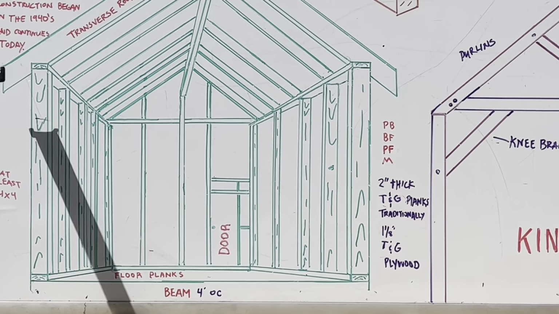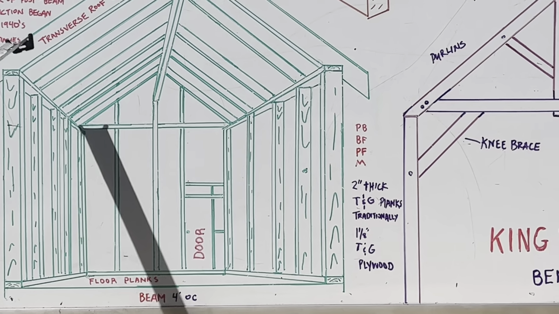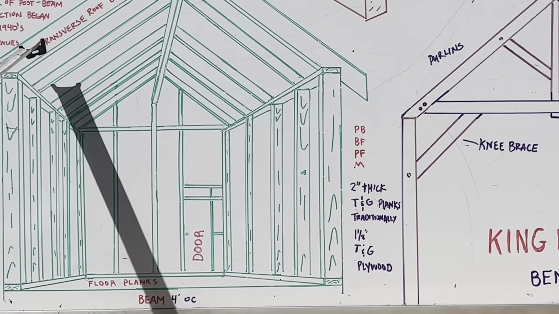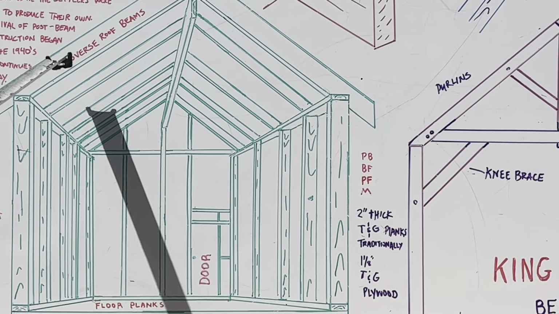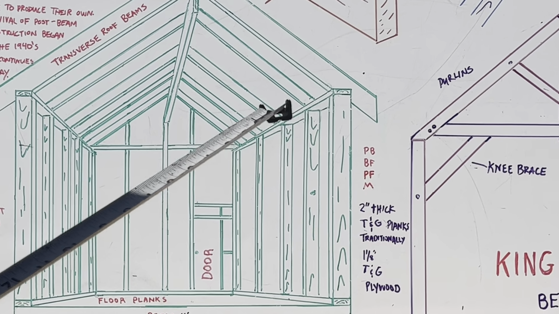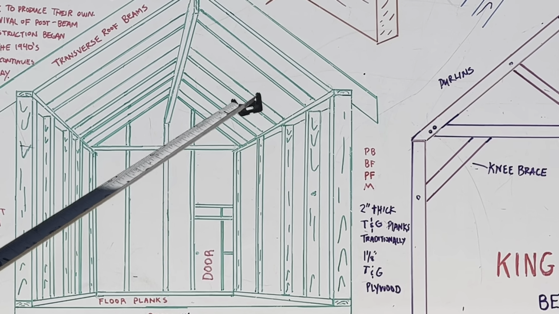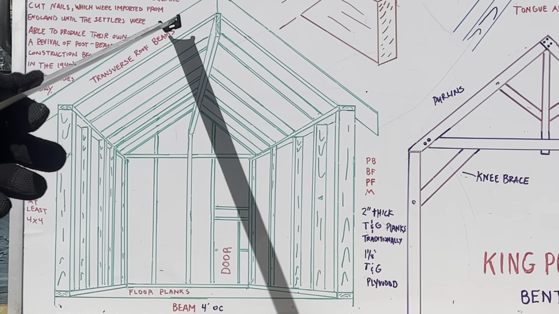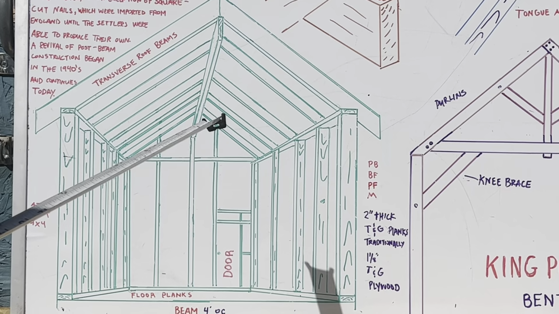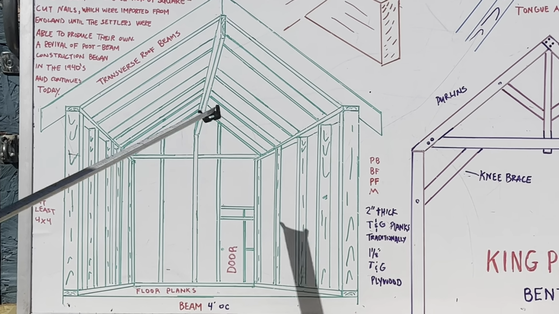Now the way that this post and beam construction is constructed is called transverse roof beams right here. The rafters, which would normally be called rafters in balloon framing or platform framing, these are beams because of the size of your lumber. They're called timbers, right?